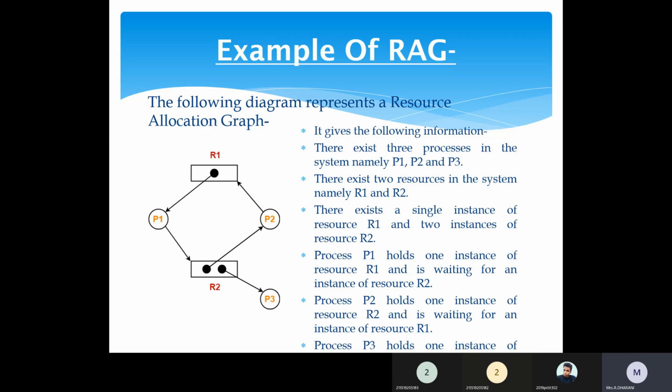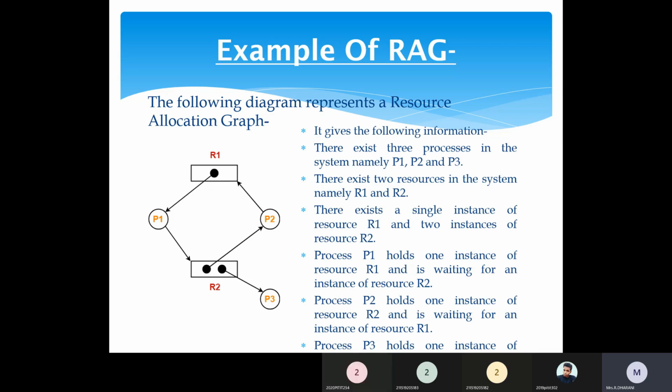As you can see, R1 has only one instance, R2 has two instances of the same type. Okay, and now what are the resources held by processes and which processes are requesting resources? See here, this is what we call an assignment edge. Resource R1 is assigned to process P1, an assignment edge, and a rectangle represents a resource, a circle represents a process. Then we have one more edge, the request edge: process P1 requesting one of the instances of R2.